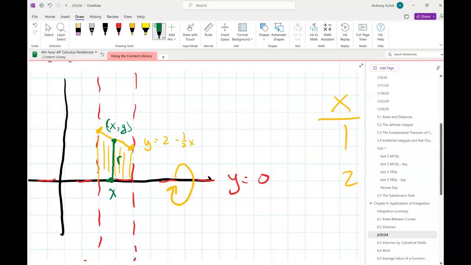Any point, so, what is R the same as? As the y coordinate at that point x comma y, right? Now that y coordinate is a y coordinate on the curve y equals 2 minus 1/2 x. So I know every point on that curve is of the form x comma 2 minus 1/2 x.